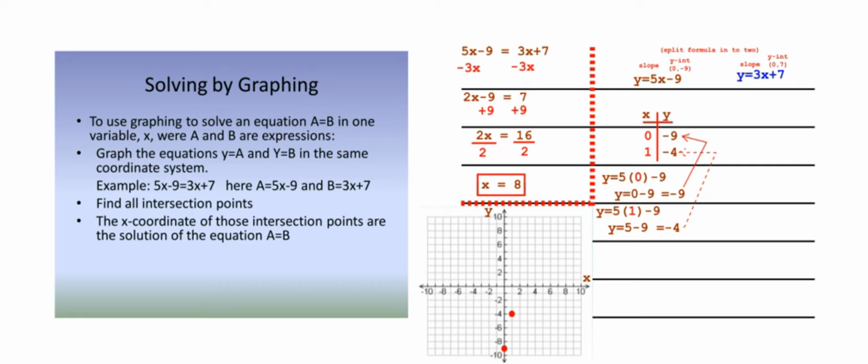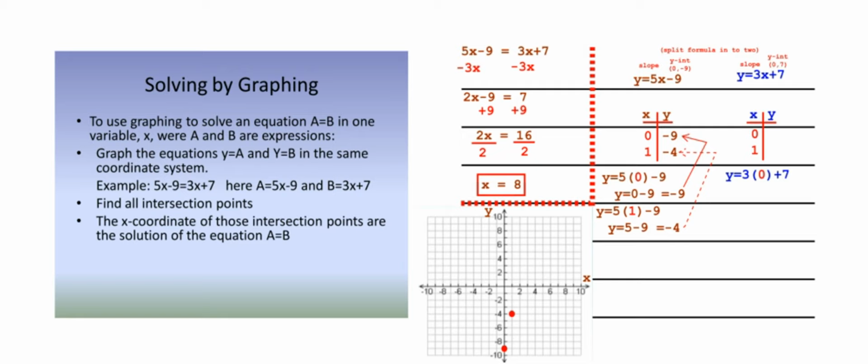Let's try the same thing for the blue equation. Let's build a table and pick random values. Remember, make it easier. Since you're doing the work, easier is not a bad thing sometimes. The x values that we pick are 0 and 1, substituting into y equals 3x plus 7.